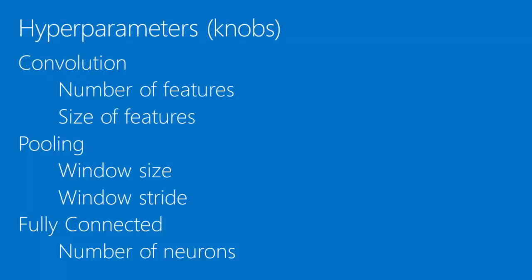And in fully connected layers, choosing the number of hidden neurons, intermediate neurons. All of these things are decisions that the designer gets to make. Right now, there are some common practices that tend to work better than others, but there is no principled way. There's no hard and fast rules for the right way to do this. And in fact, a lot of the advances in convolutional neural networks are in getting combinations of these that work really well.